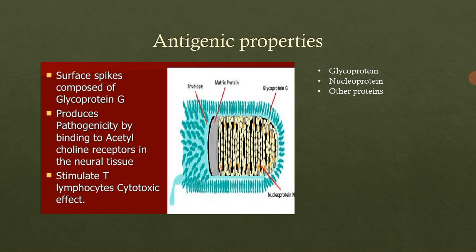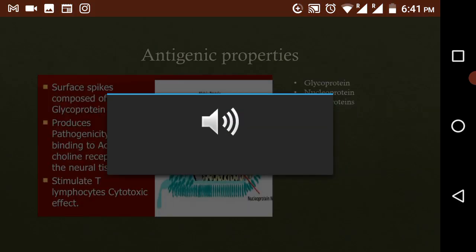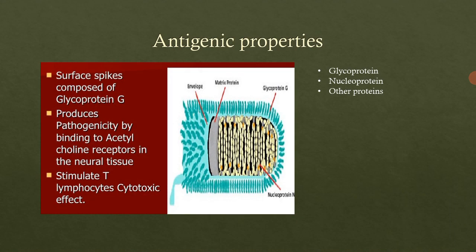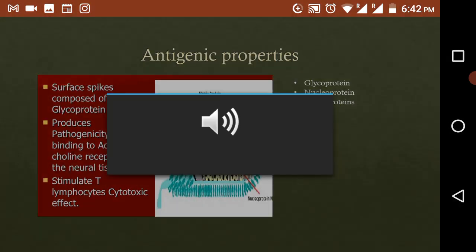Then this antigen is very group specific, and cross reactions can happen with this antigen with similar types of virus or with the same species of this virus. Then the anti-serum prepared against the nucleocapsid antigen can be used in the diagnostic immunofluorescence test. In the immunofluorescence test, we determine the antigen with the help of monoclonal antibodies.